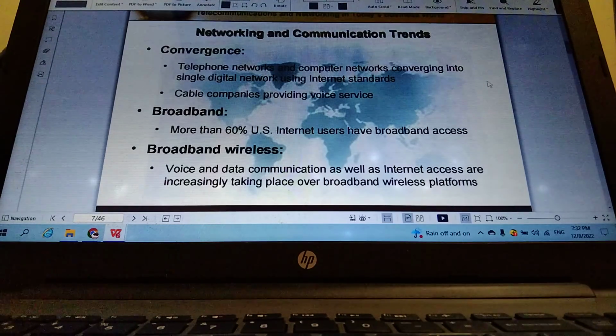So telephone networks and computer networks are converging into a single digital network using internet standards. That is what we have today, and we are very familiar with that. We all understand how the telephone and the computers are linked together as one single digital network provided by the service provider, either we call them internet service provider or basically a service provider.